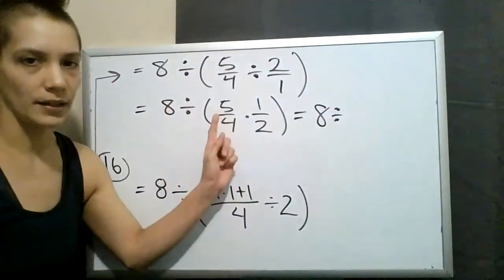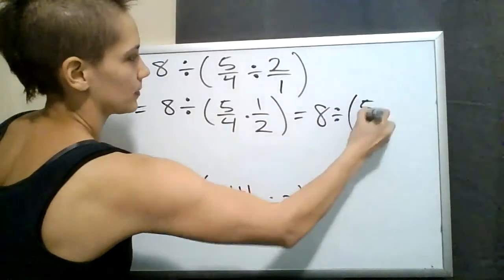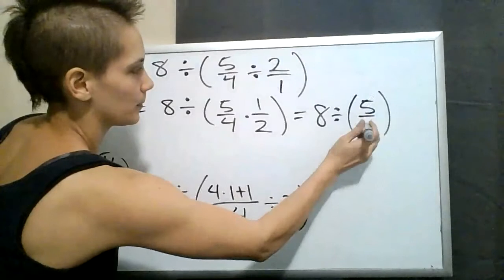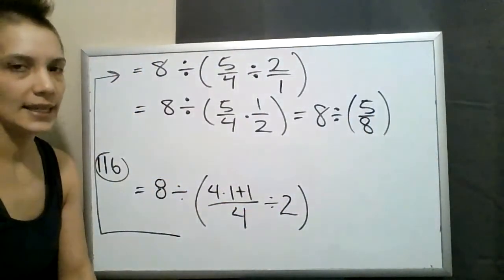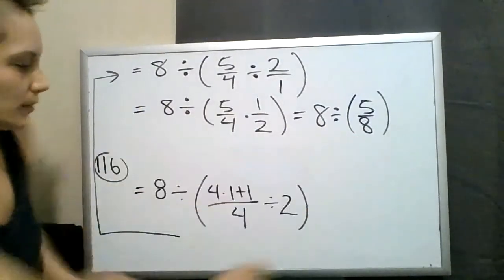Okay, 8 divided by 5/8. And again, instead of dividing by that fraction, we multiply by the reciprocal of the second fraction.